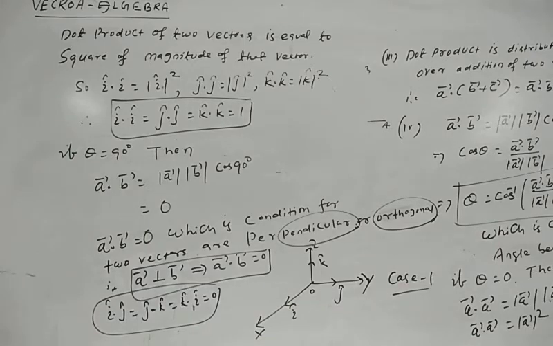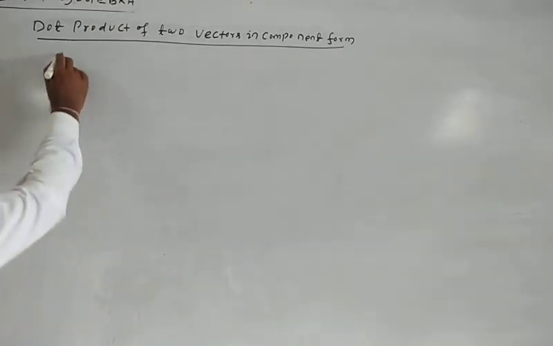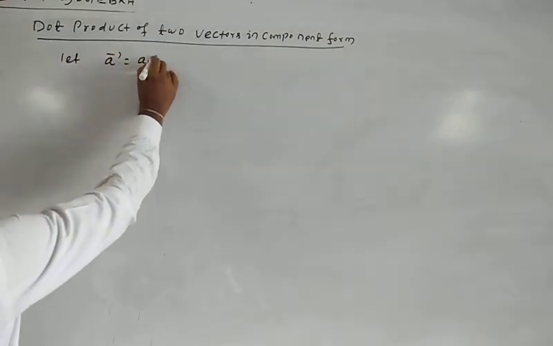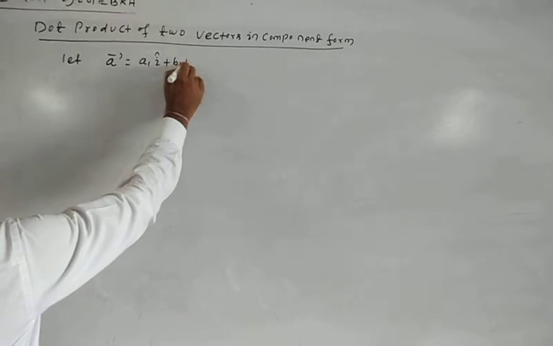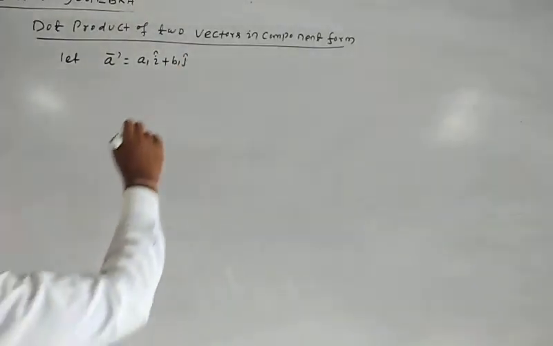Okay. Next, what is the dot product of two vectors in component form? So we take these two vectors. Let a vector be equal to a1 I cap plus b1 j cap plus c1 k cap.